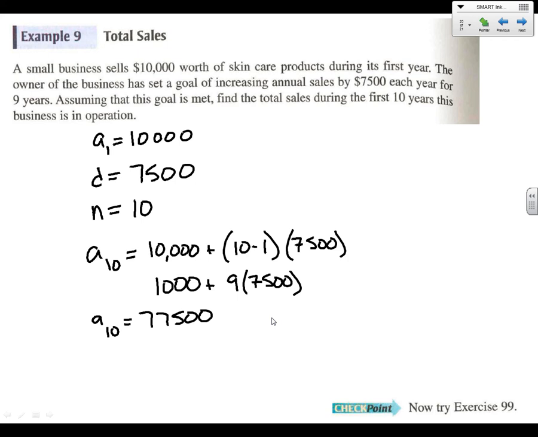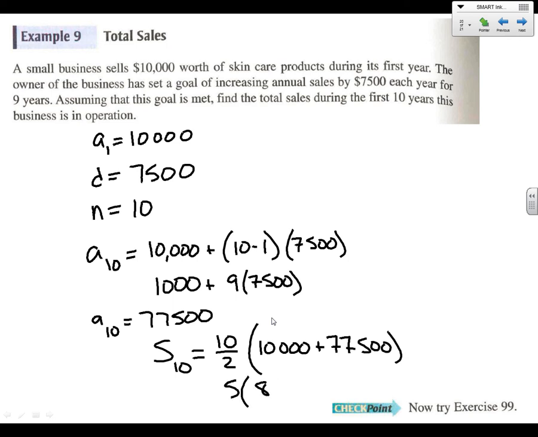Let's find out how much he made total in those 10 years. 10 numbers, 5 pairs. First year was 10,000. Last year was 77,500. So we're going to have 5 times 87,500. Let's multiply that out.